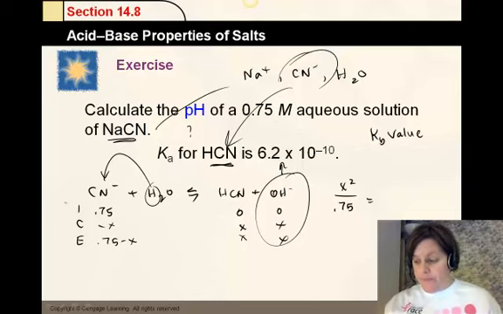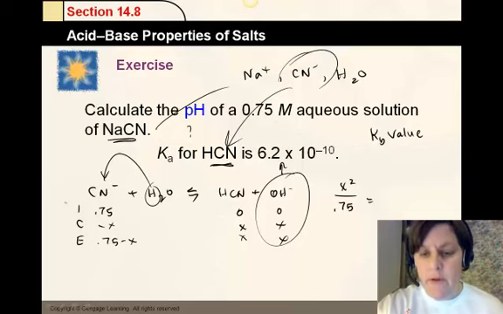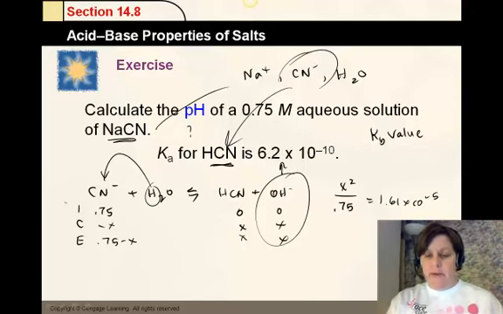And when I do, I'm going to use my calculator to do it. 1 times 10 to the negative 14 divided by 6.2 times 10 to the negative 10. I get 1.61 times 10 to the negative 5. So that's the Kb value.